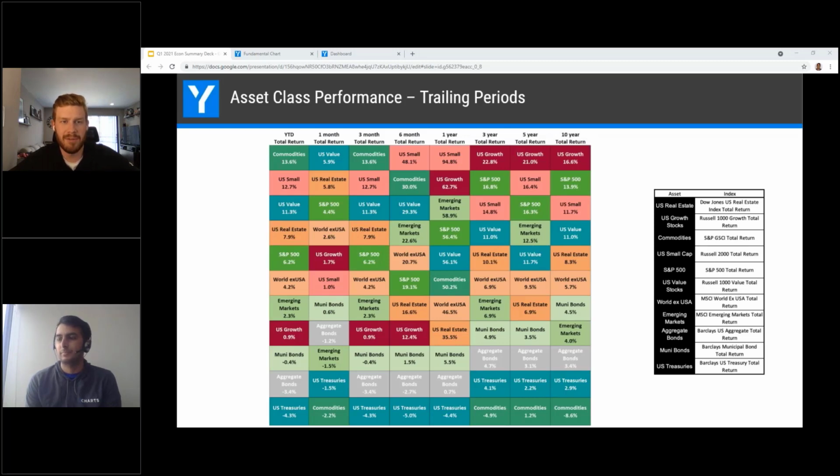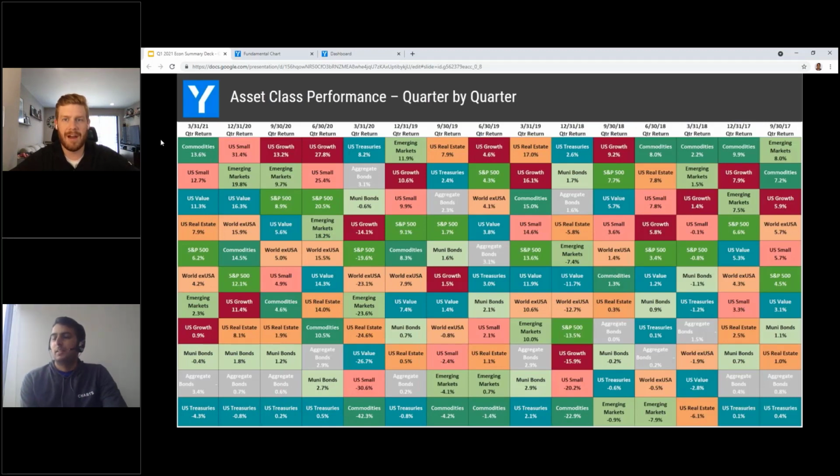You can jump to the next slide, please, Roosh. So here we've got the same performance data as on the previous slide, same asset classes, but we're looking at this quarter by quarter versus those 3, 5, and 10-year trailing periods. So we see a lot of the same trends, but maybe not quite as dramatic here in the quarterly view.